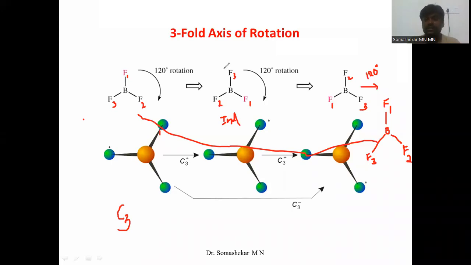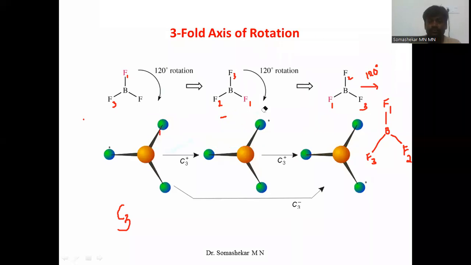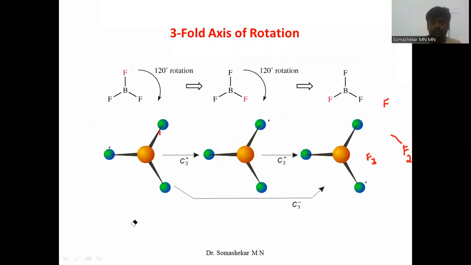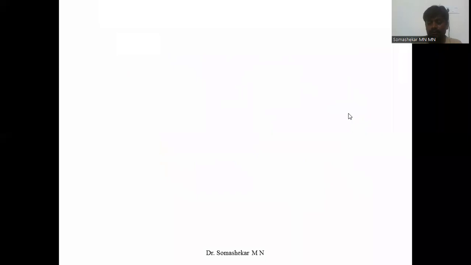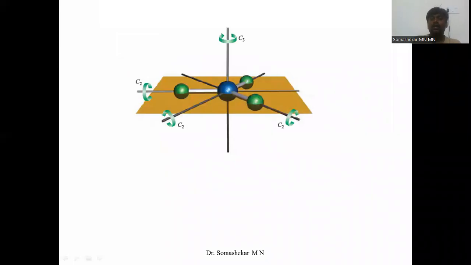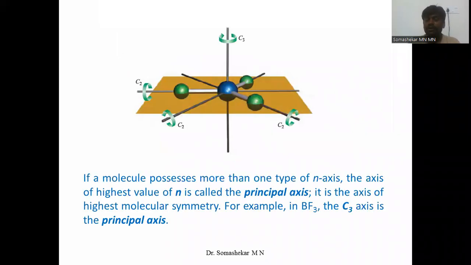In the same way, let us take another example, again BF3. Now try to find out, is there any other Cn axis in this molecule?